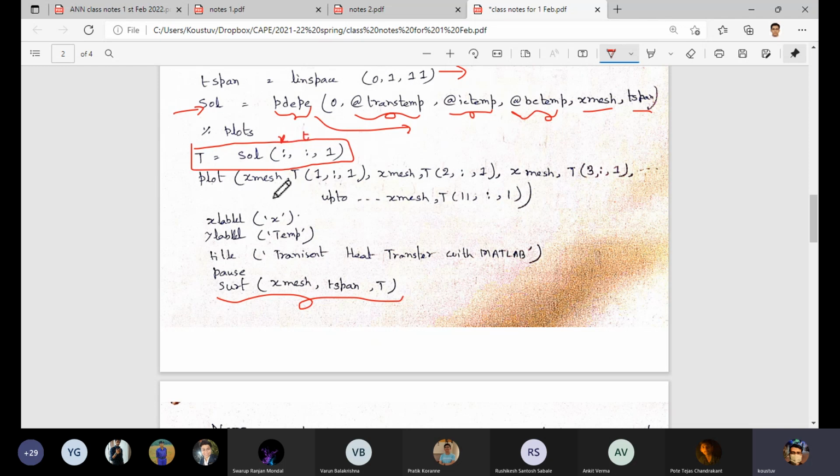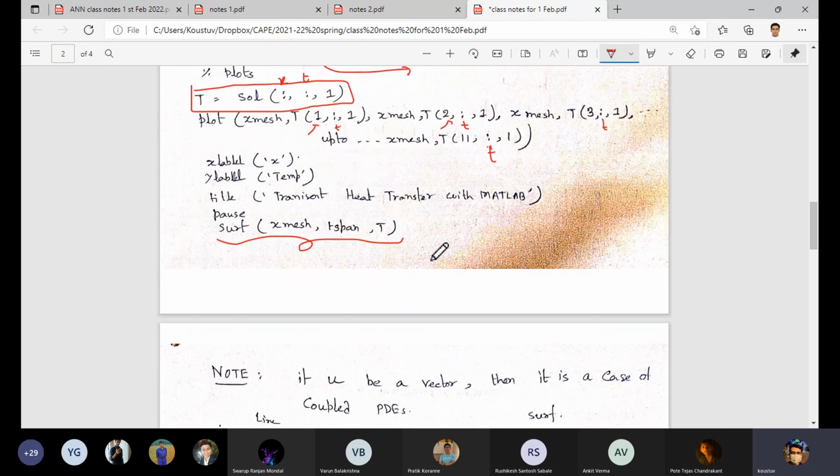Now in the line plot, what we can do is, for all the time, we can see the temperature at each grid point. The second column refers to the time, and the first column is the individual grid point. So that's where we can also plot.